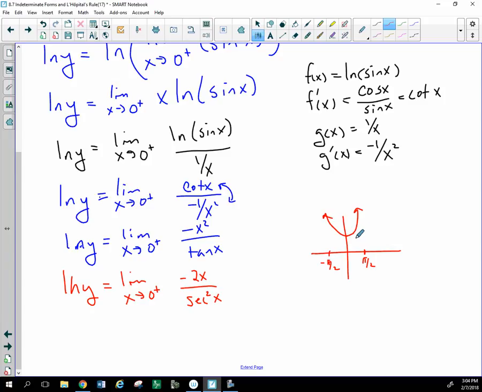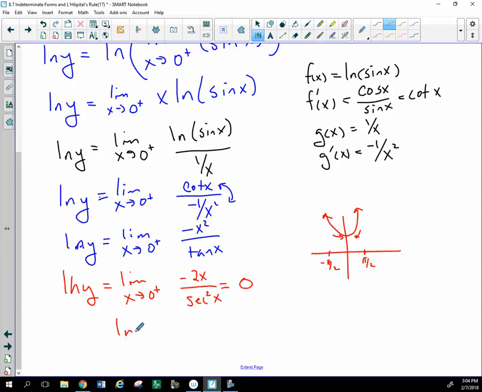As we approach 0 from both sides, we're going to get a value down here of something. We would have to find out what it is, but in this case, we're going to be left with 0 as my limit, because the top is 0, and this guy is going to be a value, so it's going to be 0 over a value, which is 0.